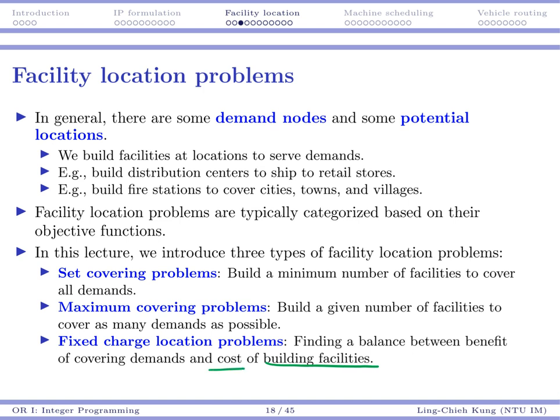And covering demand is also not required. You don't need to take care of anyone, but covering people has some benefits. So you need to find a trade-off between building facilities and covering persons. You need to have some balance between the cost and the benefits. Later, let's see how to do any of them.